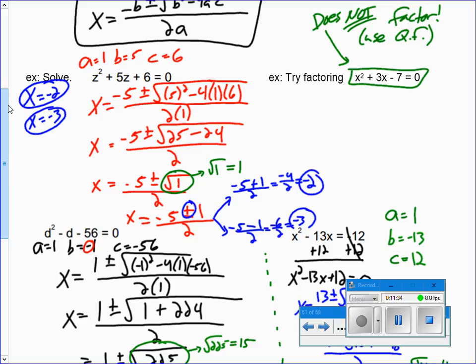Alright, so again, using the formula, in standard form, get our A, B, and C numbers out. And go ahead and plug them in.